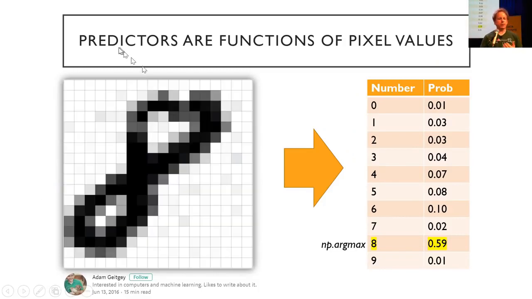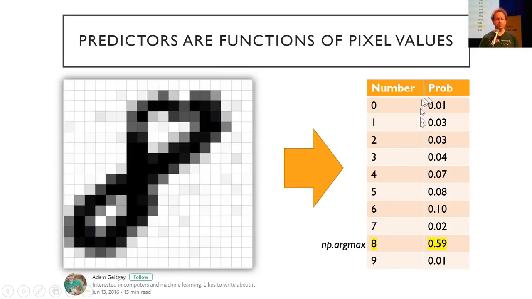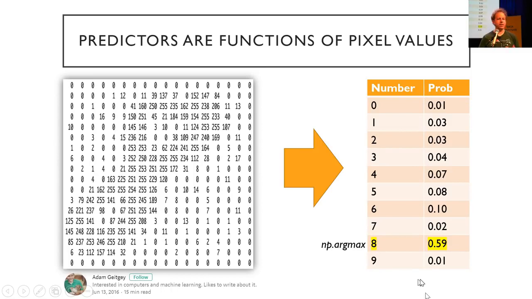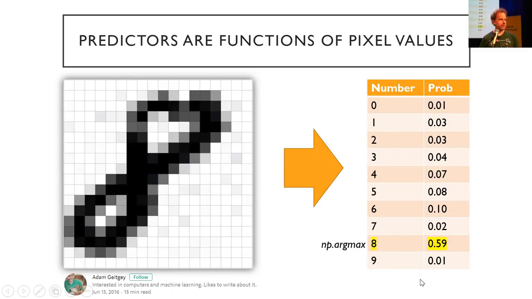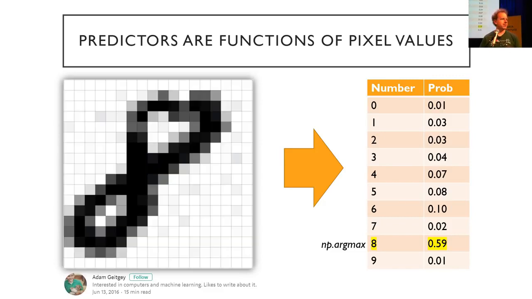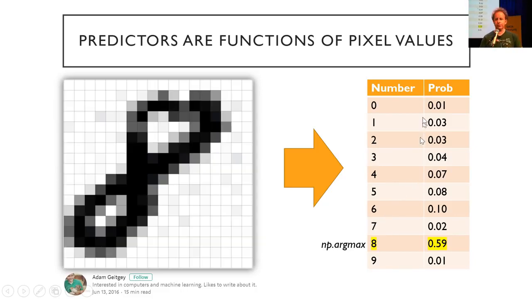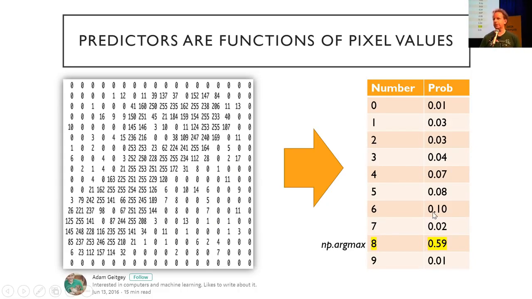All right, so these models, these predictors, these teddy bear classifiers are functions that take pixel values and return probabilities. They start with some functional form, like y equals xa, and they fit the parameters a using SGD to try and do the best to calculate your predictions.